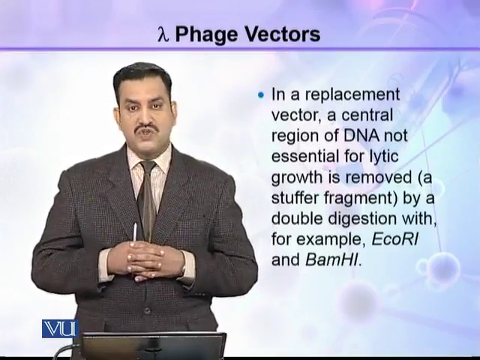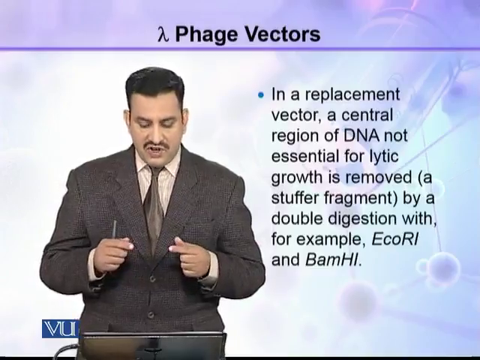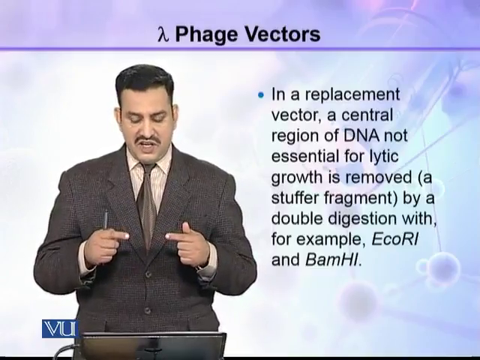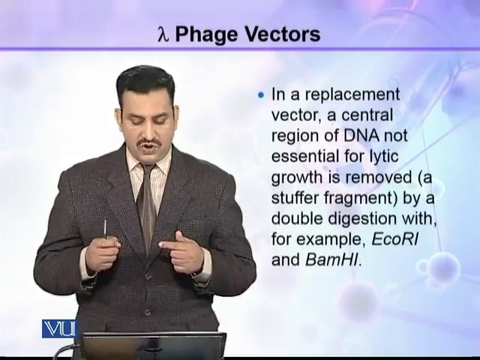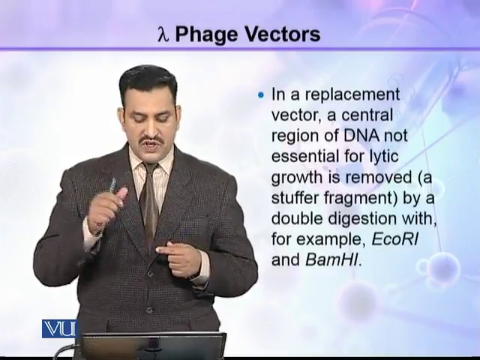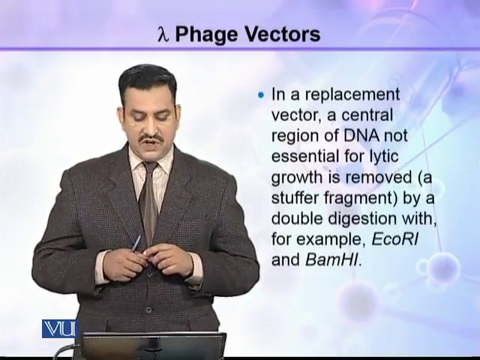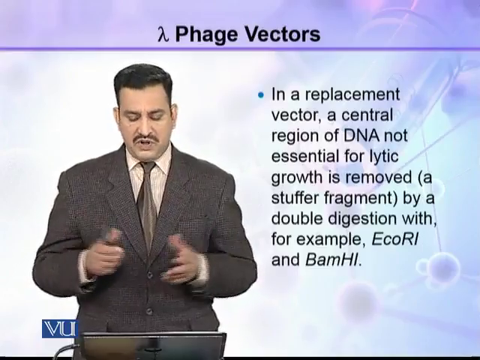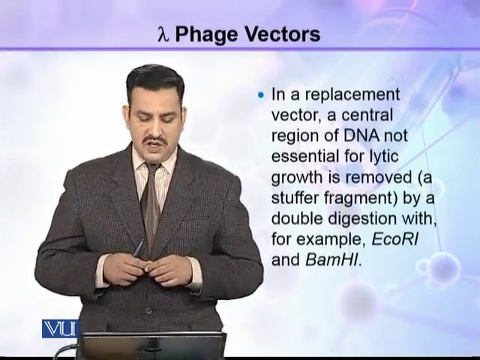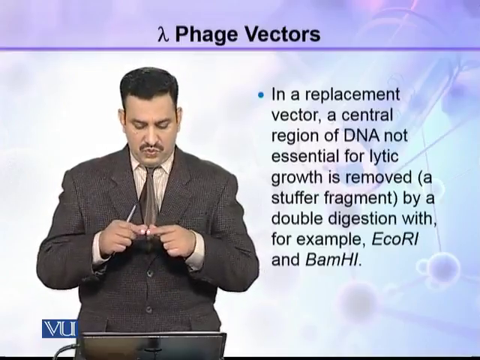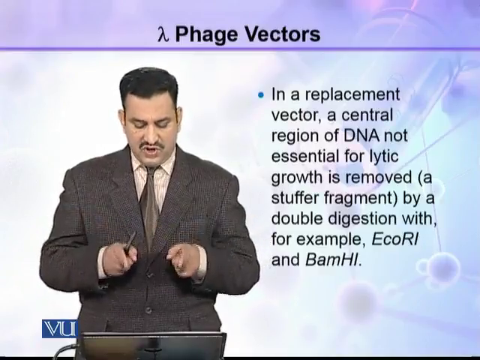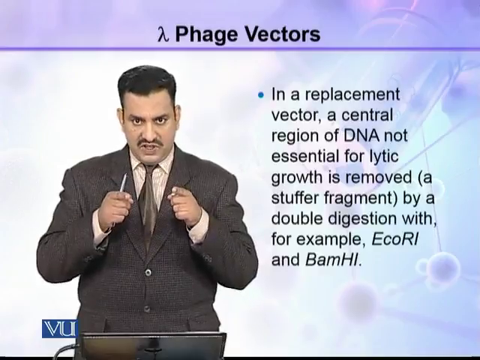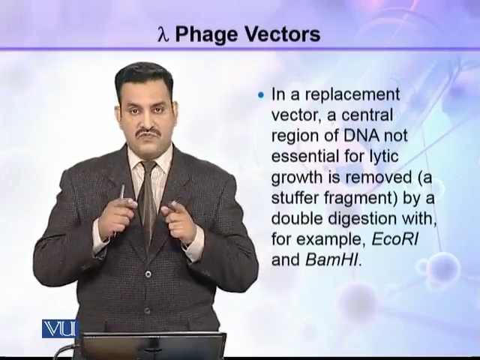In a replacement vector, a central region of DNA not essential for lytic growth, which is called a stuffer fragment, is removed by a double digestion with, for example, EcoR1 and BamH1. तो पूरे DNA में से सेंट्रल रीजन जो है वो रिमूव कर दिया गया, जिसे स्टफर फ्रैगमेंट कहते हैं.